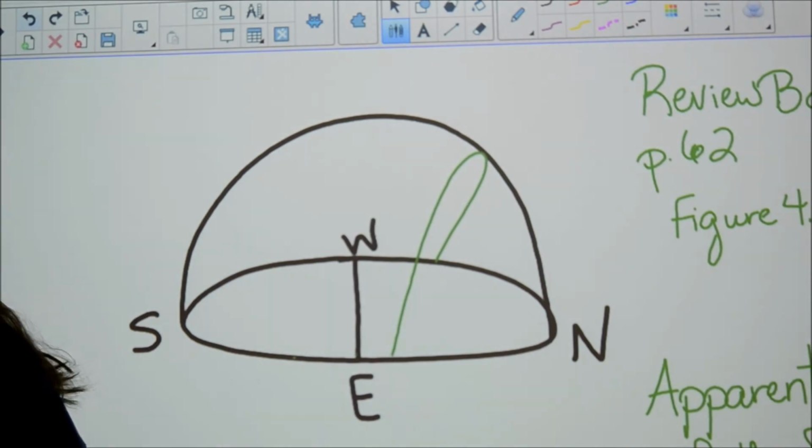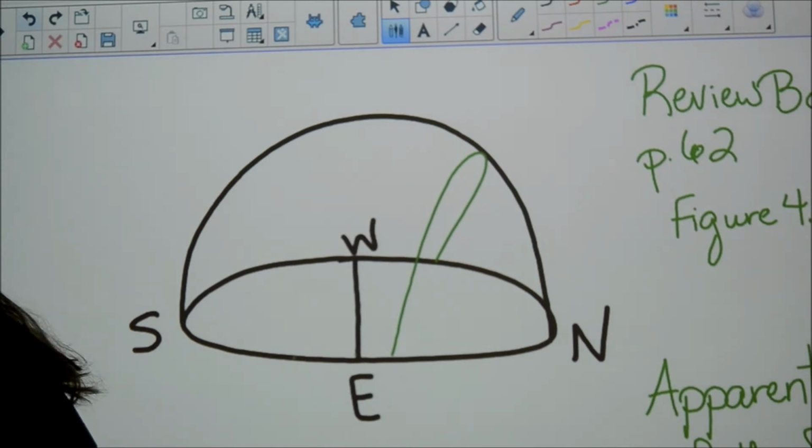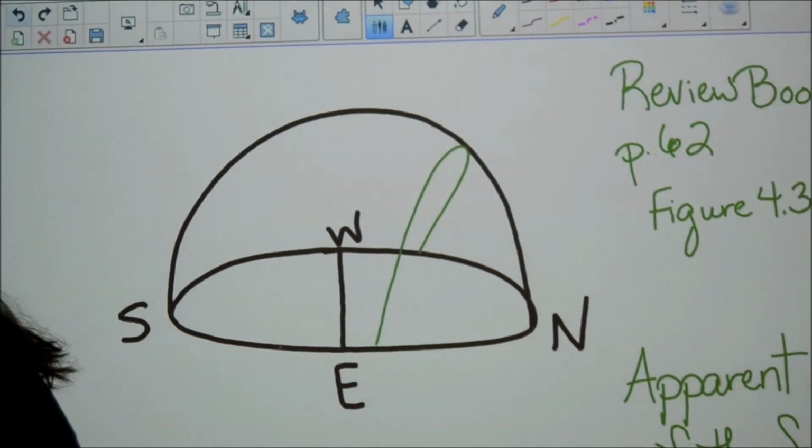So make sure you're looking at your review book in the appendixes to try to figure out location. How do you know your location? And how do you know the angle? That one is probably going to be your hardest thing. So use those as a reference.